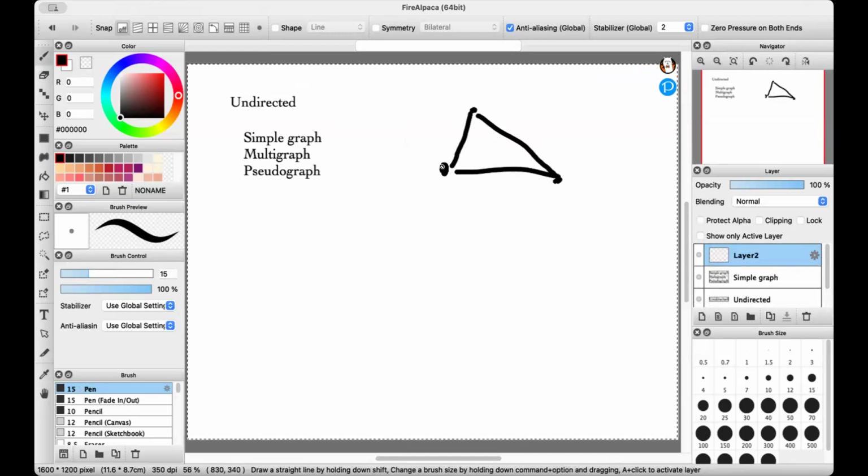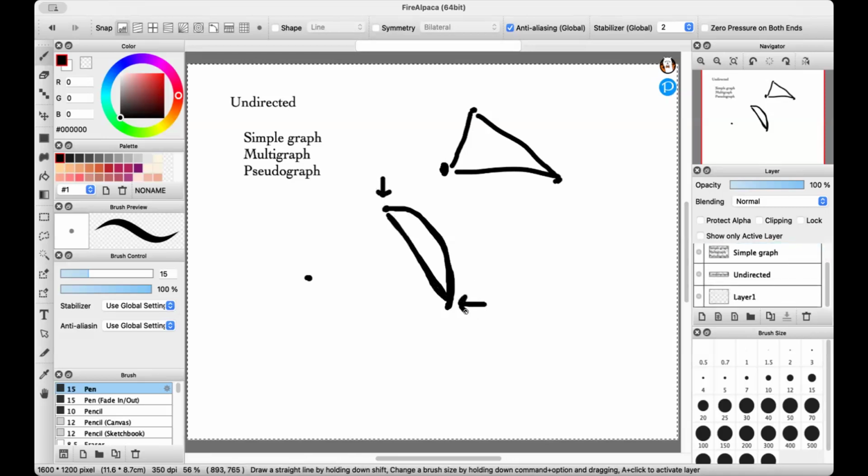And you don't have any loops in the graph. A multi-graph would look like this, where between two nodes, you might have something like this. So this is one edge connecting these two vertices, and this is another edge. So there are multiple ways to get from this vertex to this vertex using these two edges.